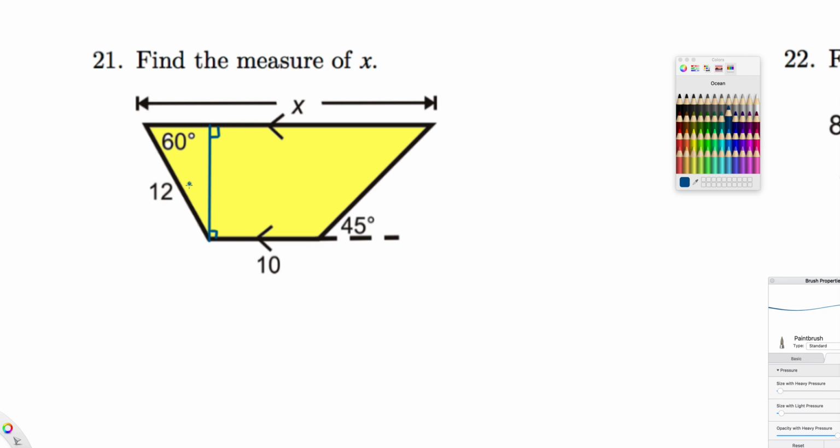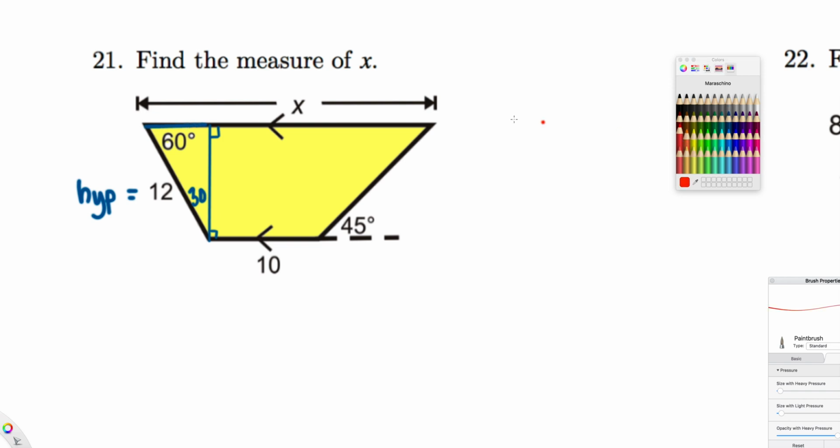And we know this length 12 would be the hypotenuse of the 30, 60, 90. So that means we could find the short leg, and the short leg is this segment right here.